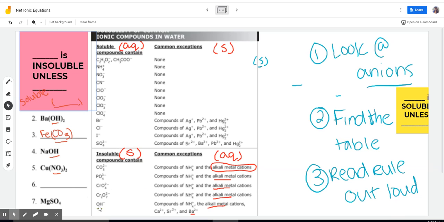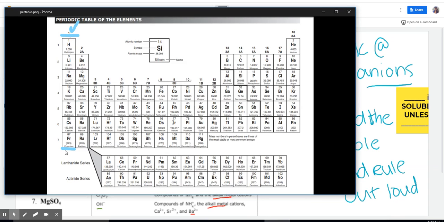Okay, we're going to say OH is insoluble unless, and then we're going to go across here and we see that we have compounds of NH4. So is BaNH4? No. The alkali metals, what are the alkali metals? Well, group 1. So anytime you see the group 1s, they're going to make things soluble again.